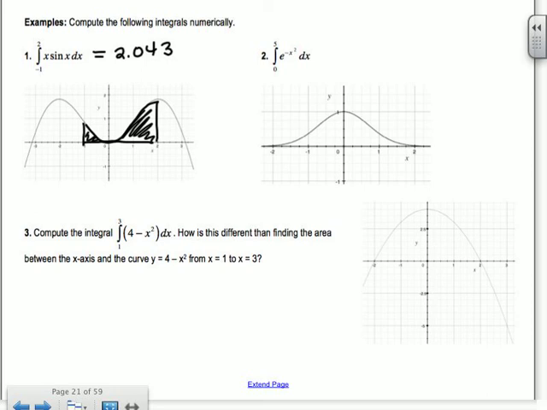All right, I don't know why my little thing's not writing, but I'll finish up this. So can I talk and you guys are okay with the other two? So 0.886 was number 2. All right, and then compute the integral from 1 to 3 for the next one of f minus x squared dx. How is this different than those last ones? Yeah, it goes below the axis. So you can break it into the two pieces if you're actually finding the area, but you're not finding the area, you're finding the integral.